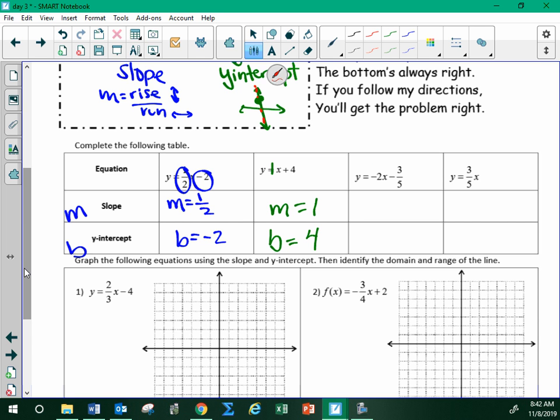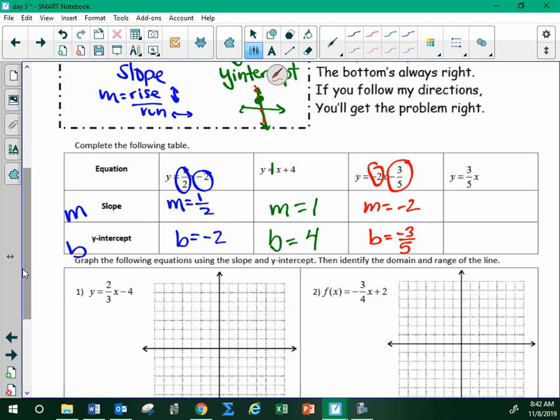For our next one, our slope here is -2. And the y-intercept is -3/5. Now hopefully we don't have to graph that one. We can graph fractions, they're just not as nice to graph as other whole numbers.